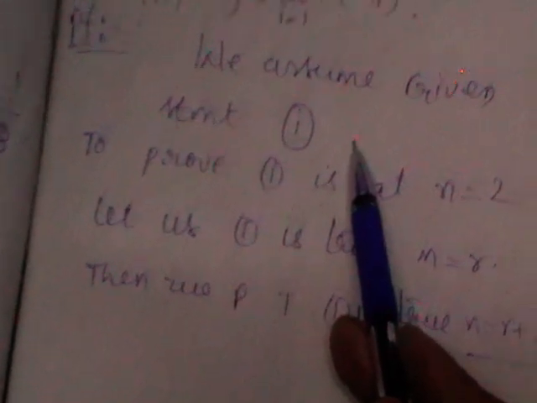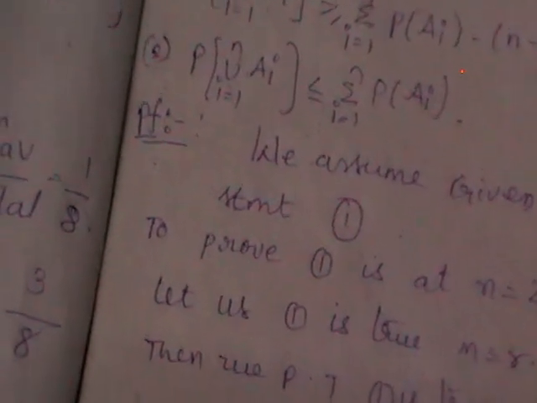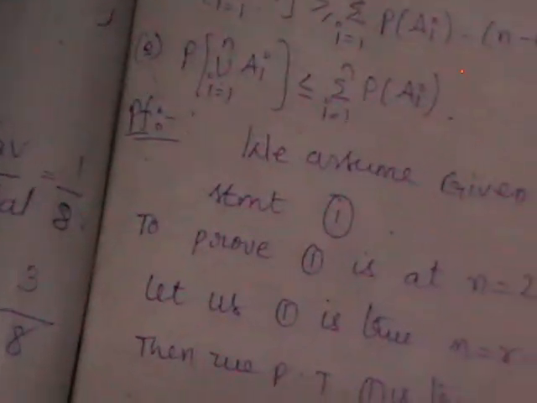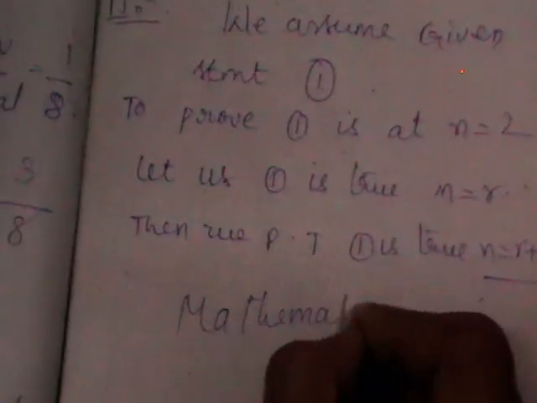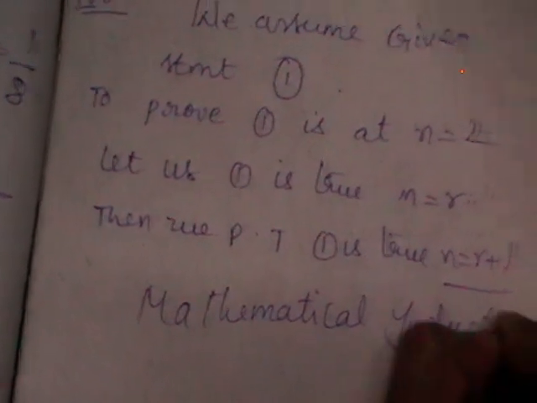Again I repeat: consider the given statement as equation number 1 and prove it is true at n equal to 2. Assume it is true at n equal to r, and hence prove it is true at n equal to r plus 1, and hence we say that the given statement is true for all positive integral values of n. This is mathematical induction, which we have already done in the addition theorem.